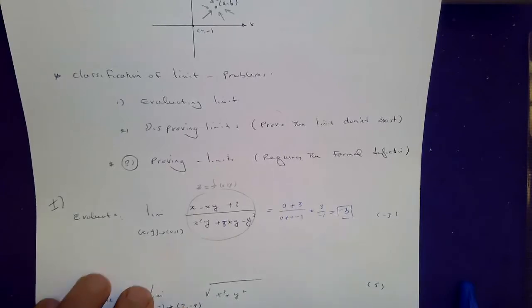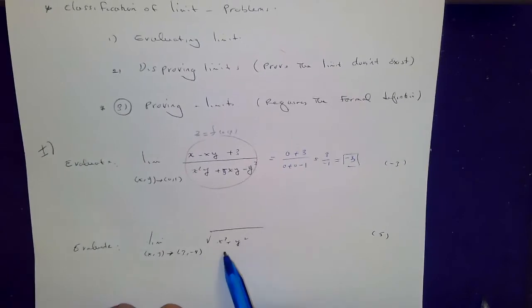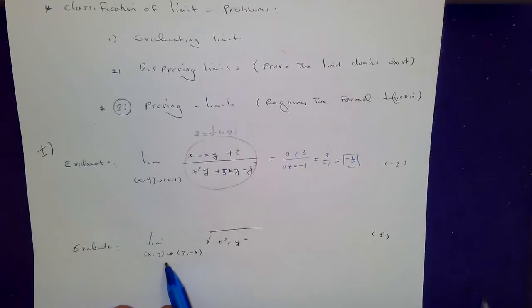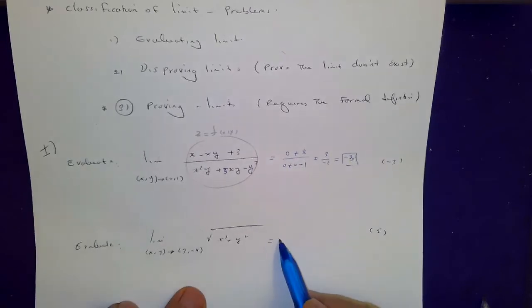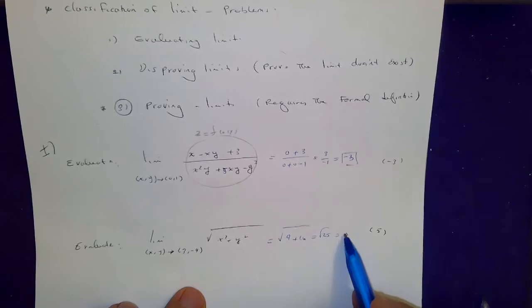Do you see it? On the other hand, what is the limit of f of x y, which is the square root of x squared plus y squared, as x y gets close to 3 comma negative 4? Well, that's 9 plus 16, which is the square root of 25, which is 5.